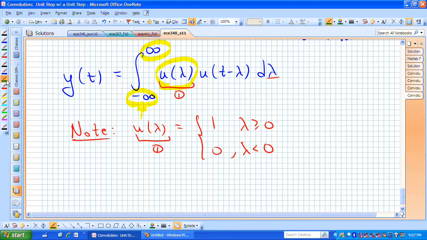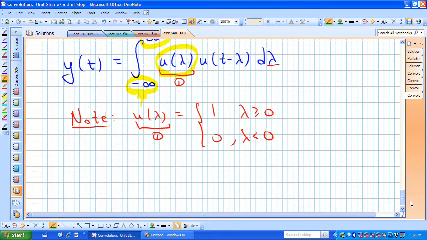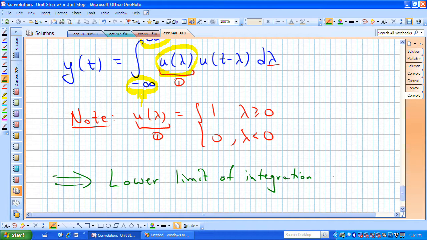Another way of stating that is to say that the lower limit of integration in this output expression we can simply make 0.